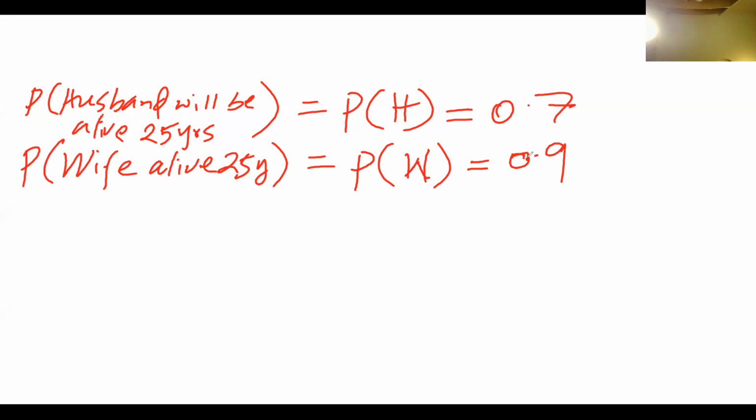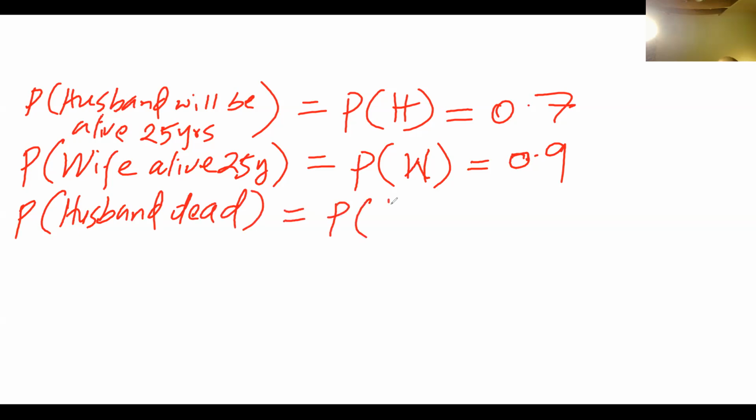Of course, there is also the probability that the husband will not be alive. Let me just be rude and write dead. The probability that the husband will not be alive is 1 minus the probability that the husband is alive in 25 years, so that is 0.3.